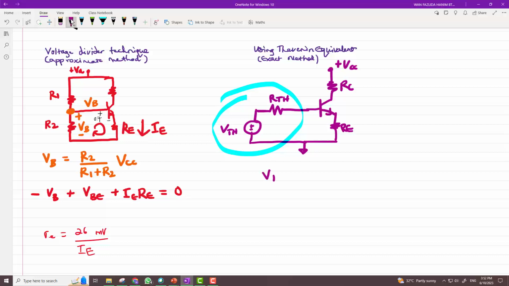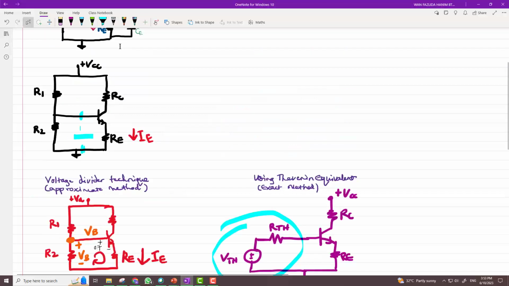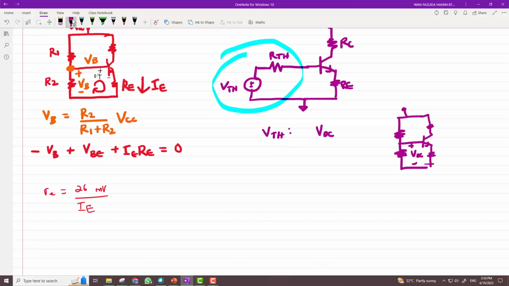V Thevenin is obtained from the V open circuit seen at this terminal. To find V open circuit, again, it is the voltage divider rule, where V open circuit is R2 over R1 plus R2 times VCC.